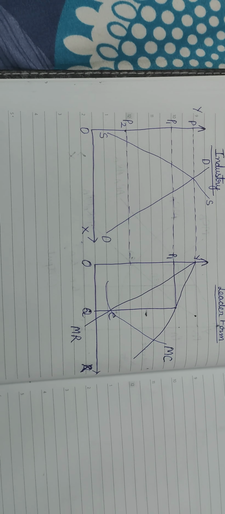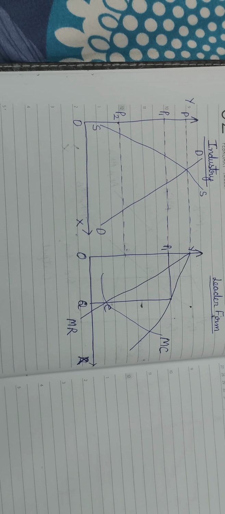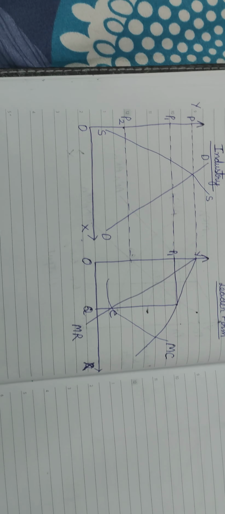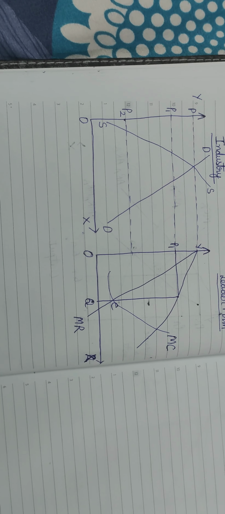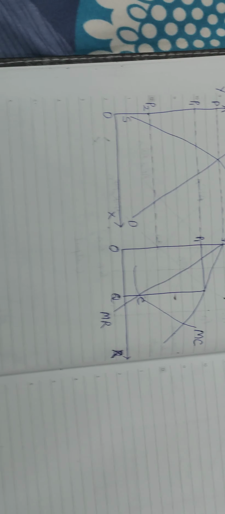Now, because the demand is way too high and the smaller firms are not in a position to supply such a good number of output, this gap between demand and supply will be fulfilled by the leader firm.